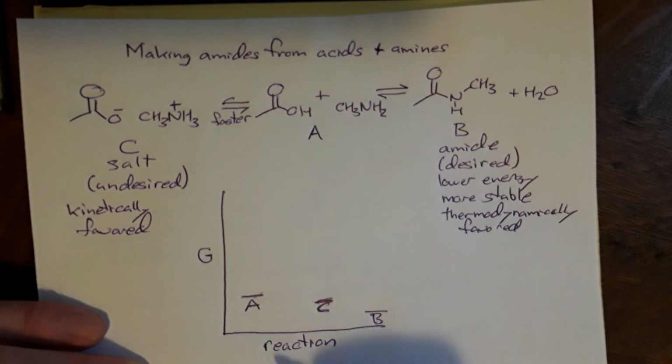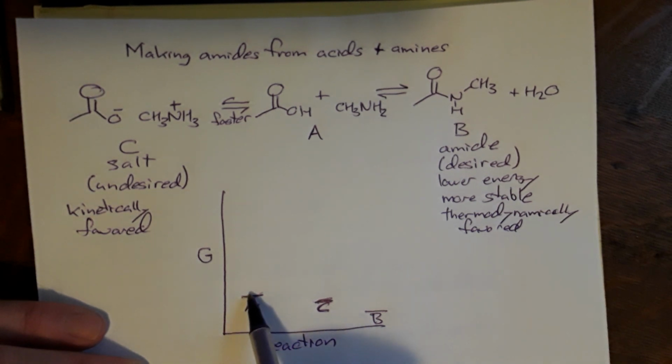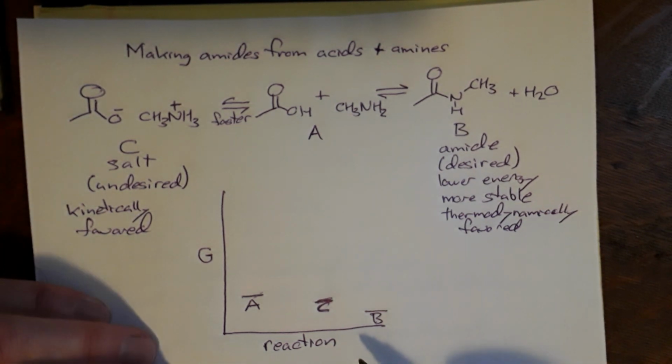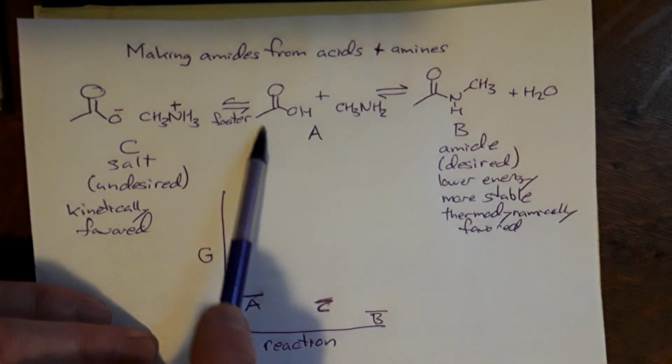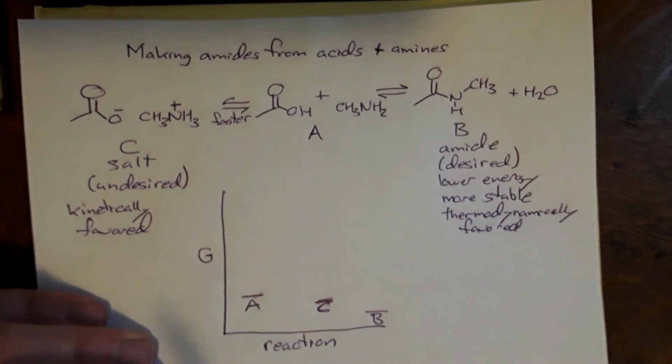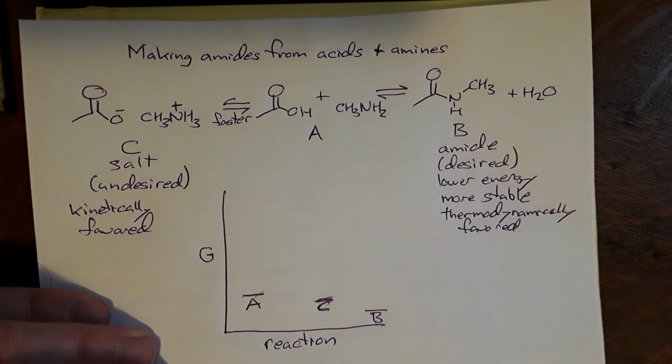So we're saying that in this reaction, we're just going to draw one hump in the reaction. There's only a transition state and one step going to form the salt, but there are multiple steps going to form the amide.